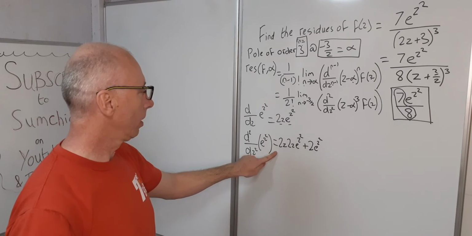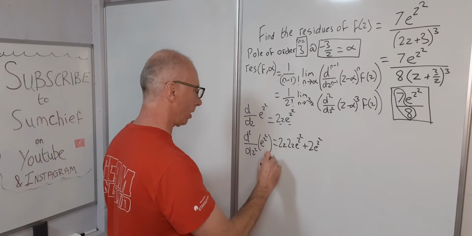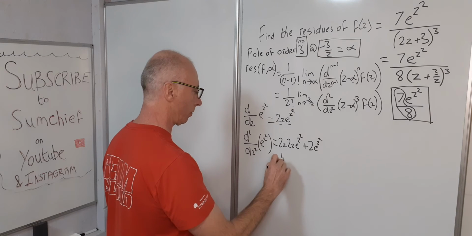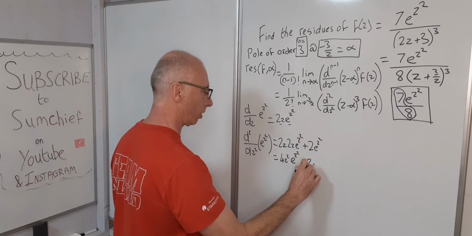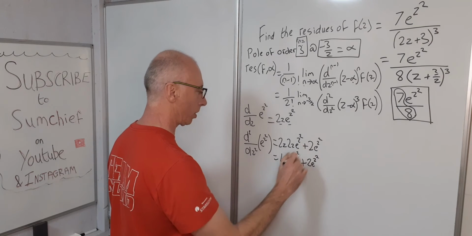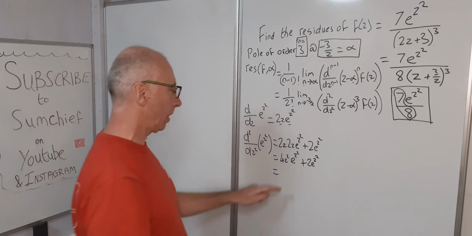Okay, so let's break this down. It looks a little bit complicated, but 2z times 2z is 4z squared, times e to the z squared, plus 2 times e to the z squared. And then let's factor this out.